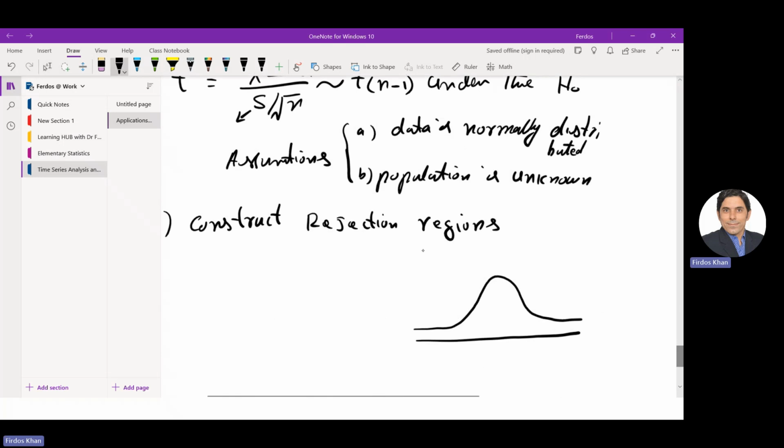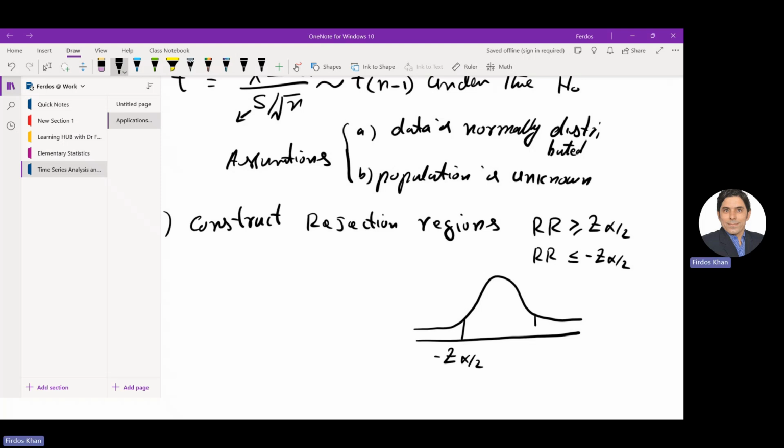In this case, the rejection region should be greater than or equal to z alpha by 2, and less than or equal to minus z alpha by 2. We are using the z test. Suppose this point is minus z alpha by 2, and this point is z alpha by 2.